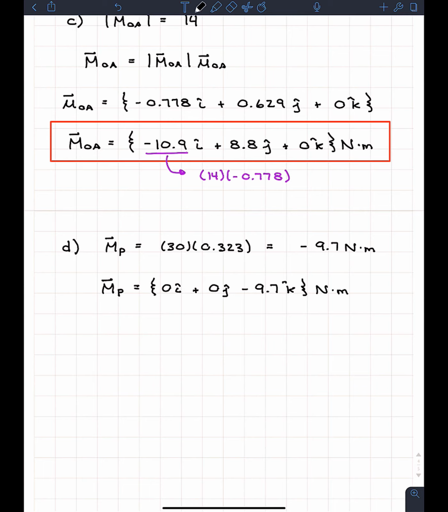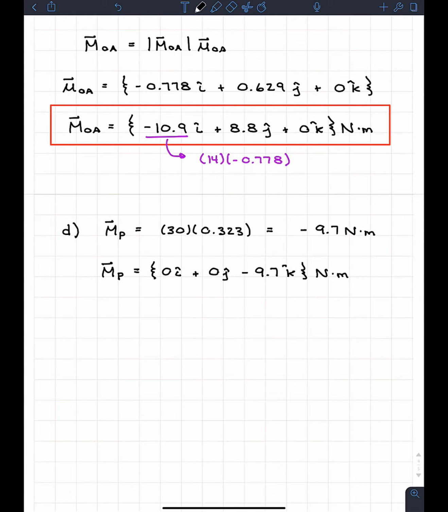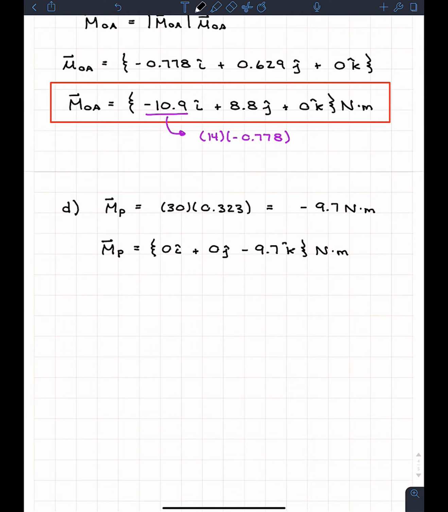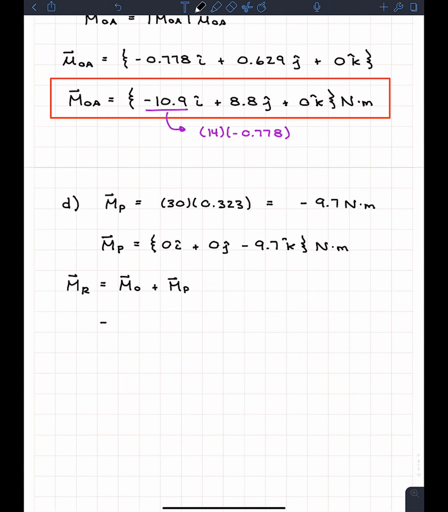Remember, if you have a force that acts in a plane, the moment created will be perpendicular to that plane, which is what we see here. This is in the xy plane, therefore it creates a moment about the z-axis. So our resultant moment for these two is just going to be M_O plus M_P, both of the moments created by those forces about point O. If I add them together, I get a nice vector.